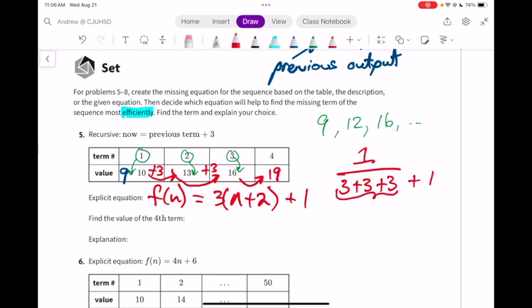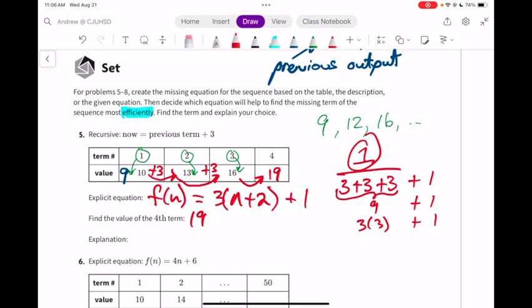Here's 9, plus 1. Or in other words, 9 comes from 3 times 3. We didn't have 3 times 3, so we had to add 2 to the 1 to get 3. The value of the fourth term is 19.